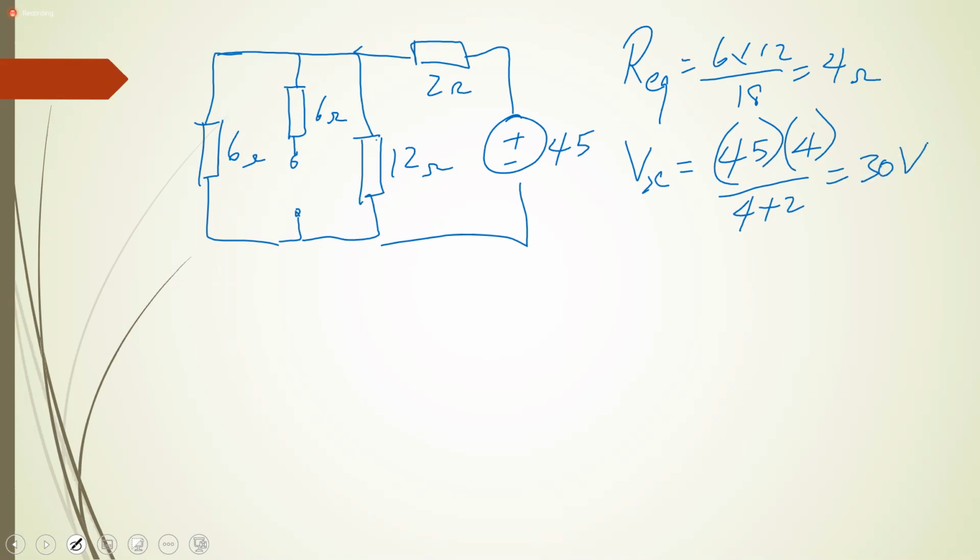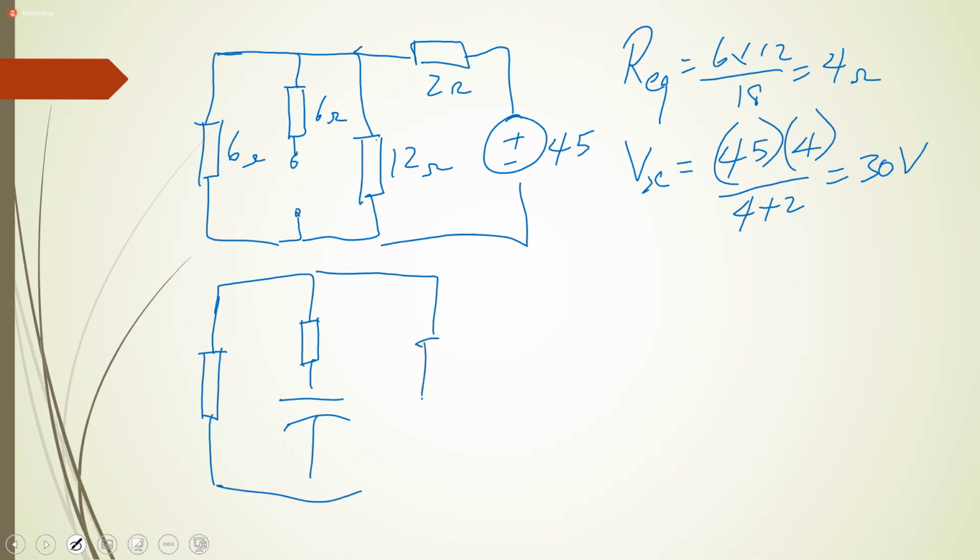Now, after the switch is open, the circuit would no longer be in steady state, so the capacitor would start discharging. I redrew this circuit, and I had the 12 and the 6 ohm resistor in parallel, and then in series with the 6 ohm resistor.